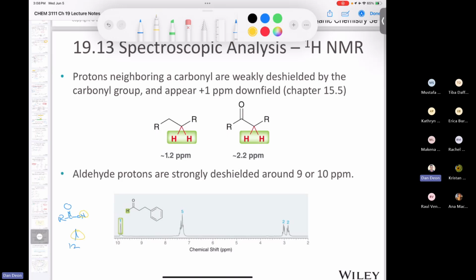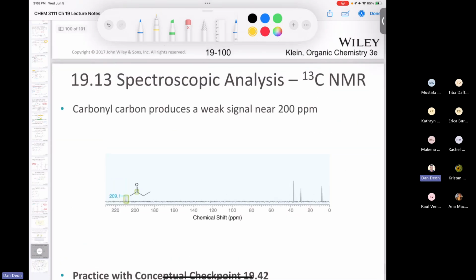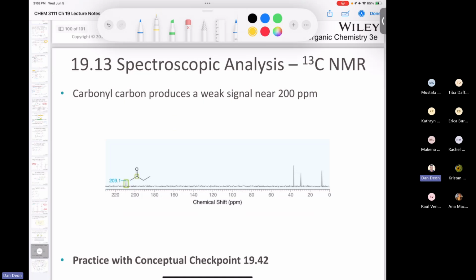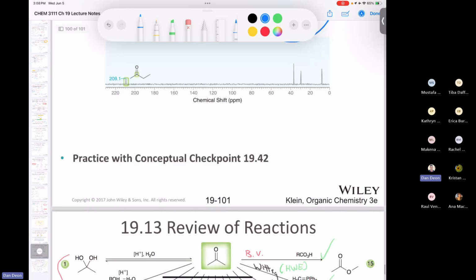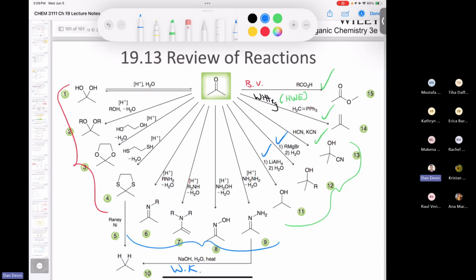But if it's at 10, it's from an aldehyde. We see here also the carbonyl carbon. If you have an aldehyde or a ketone, the carbonyl carbon is somewhere around 200 parts per million. All right, so that covers all the material in chapter 19.